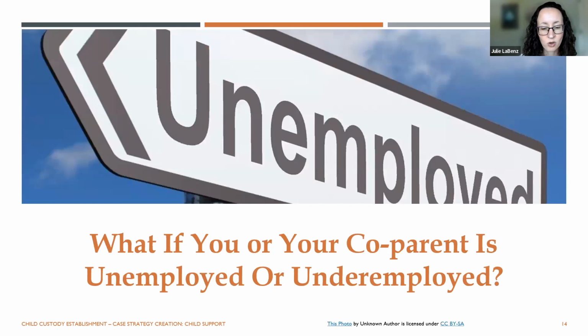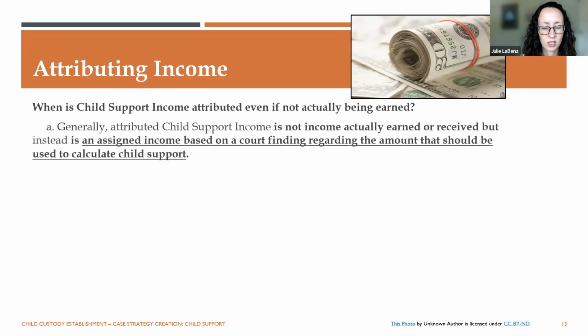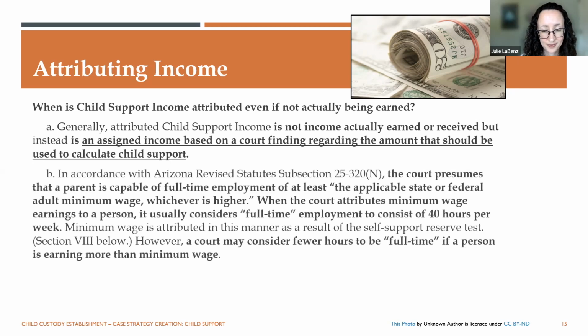What if you or your co-parent is unemployed or underemployed? In that event, the court can do what's called attributing income. Attributed child support income is not income actually earned or received, but instead is an assigned income based on a court finding regarding the amount that should be used to calculate child support.